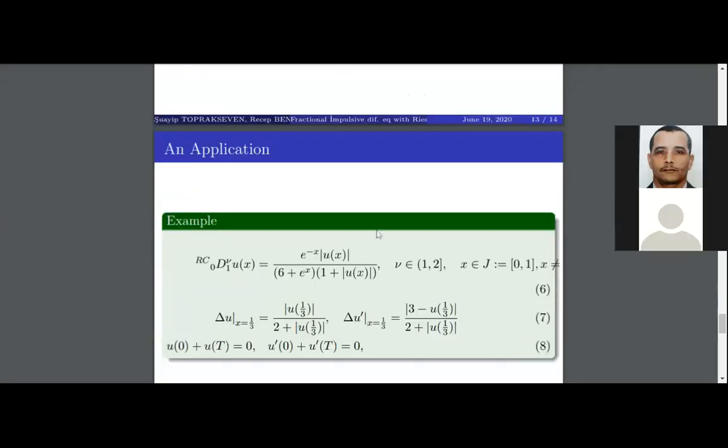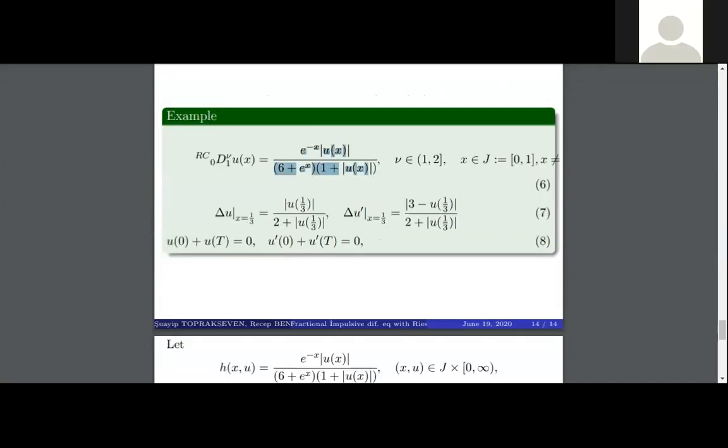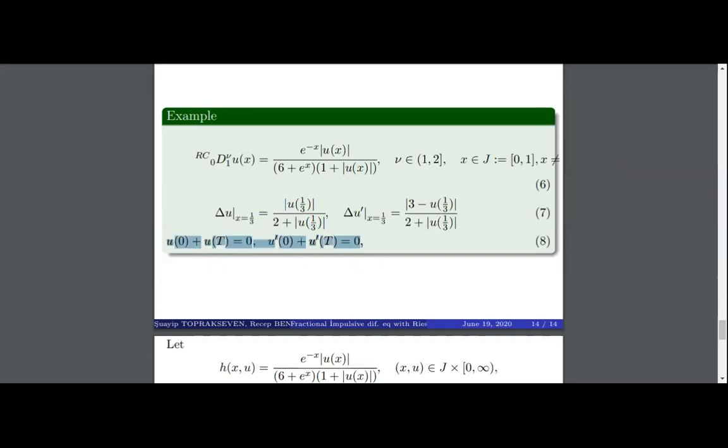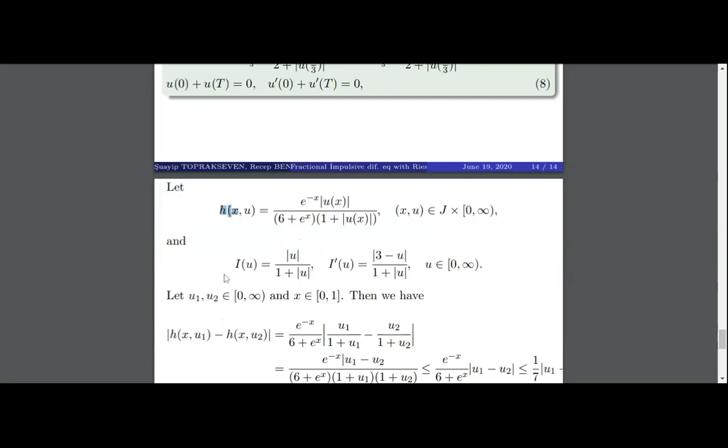We have one application example. We take H to be this function, with a jump at one point, 1/3, and we define the jump function as this one. The boundary condition is an antiperiodic boundary condition. So here we show H is Lipschitz, and the jump functions are also Lipschitz.